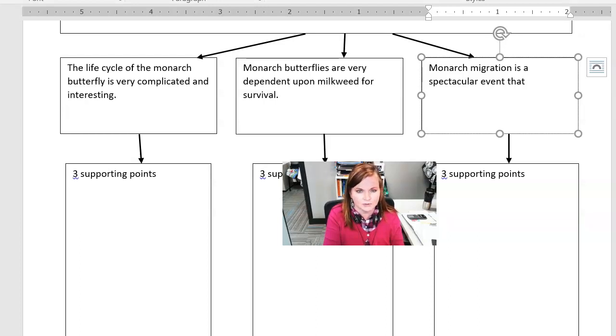I did survival, so it's crucial to their, I'm going to use survival again. You can always come back and change some of that later.